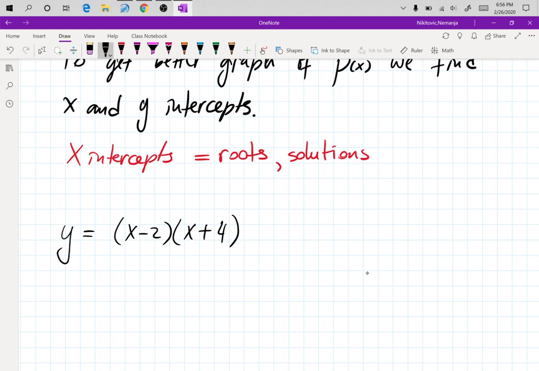I need you to tell me what is the order of this polynomial. 2. Perfect. Because the highest exponent when you FOIL this thing is going to be a square. So order equals 2.